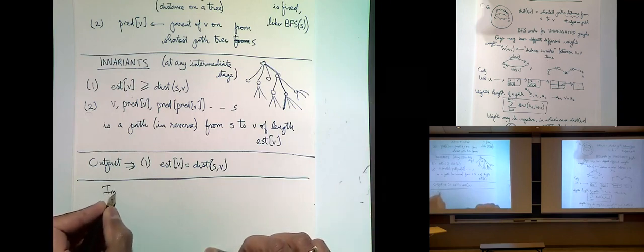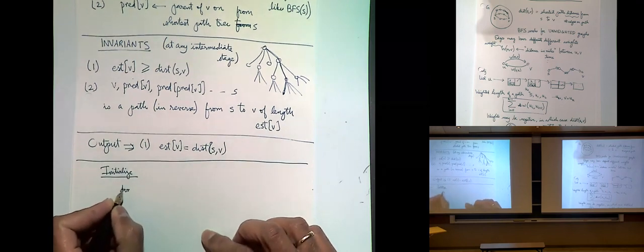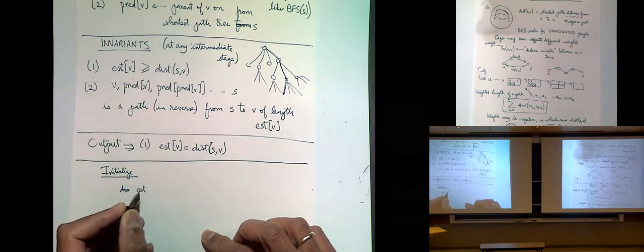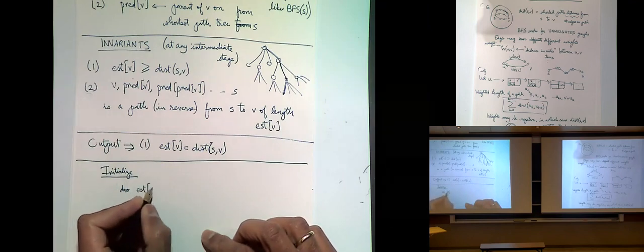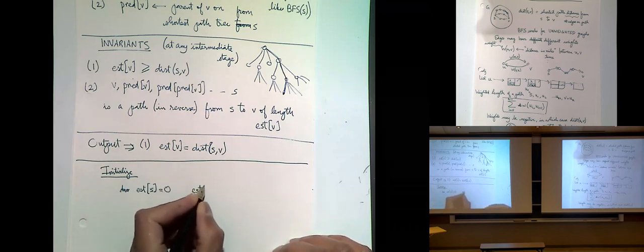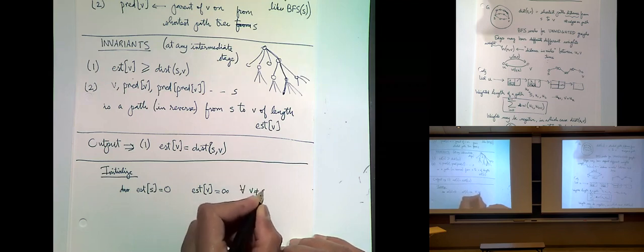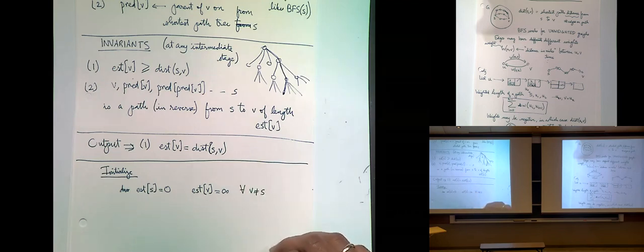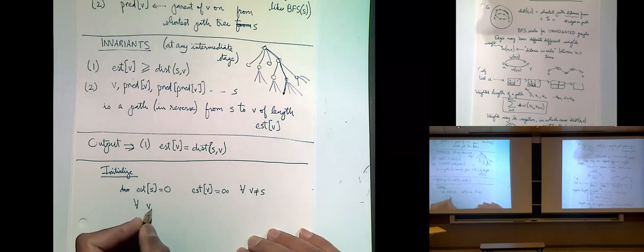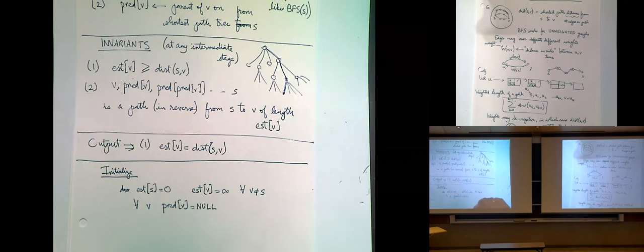So the initialization is pretty easy. It just says that the estimate for S is going to be 0, and the estimate for V is going to be infinity for all vertices that are not S. And then for all vertices, the predecessor of that vertex is null.